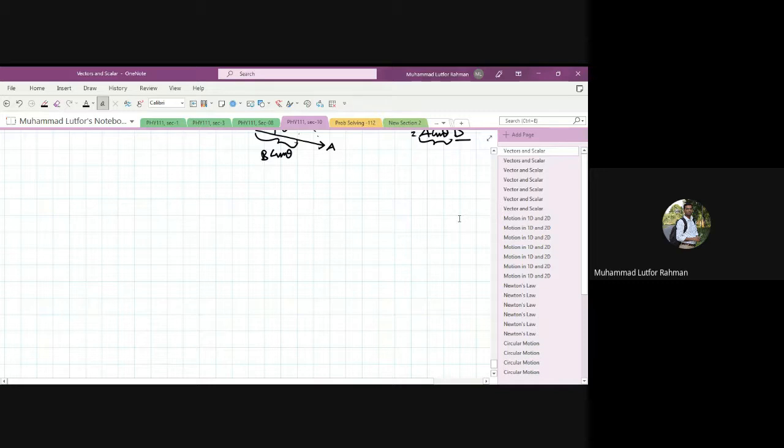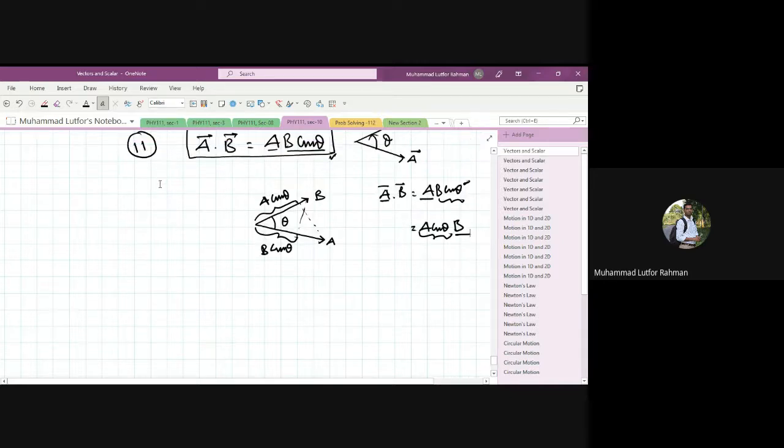I should say one more thing over here. If a cosine theta is the component of vector a in the direction of vector b, then I can say another thing, that the other component would be a sine theta, right?